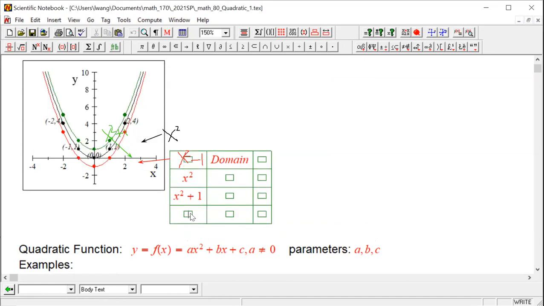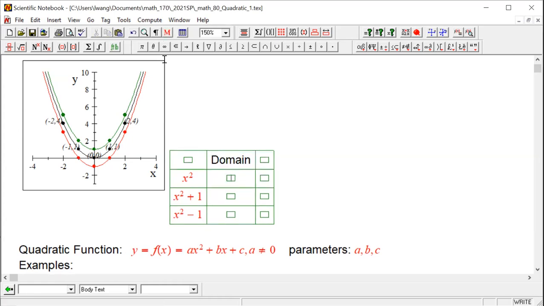So here we have x squared minus 1. Okay, I'm going to clean this up a little bit. Domain, they're all real numbers. It's all the same, from negative infinity to positive infinity. All three are the same.